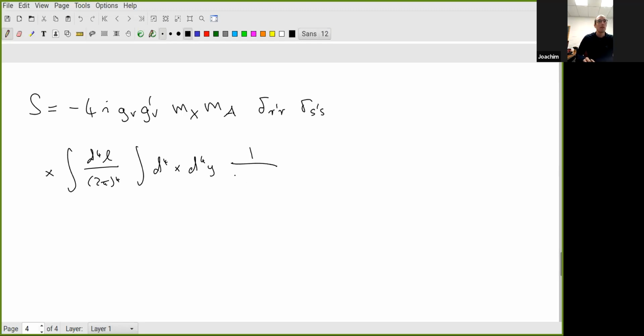We have the factor 1 over L squared minus M_V squared from the propagator. And then we have a bunch of exponential factors that we picked up along the way. So that's e to the minus i L (x minus y), e to the i (p2 minus p1) x times e to the i (k2 minus k1) y.